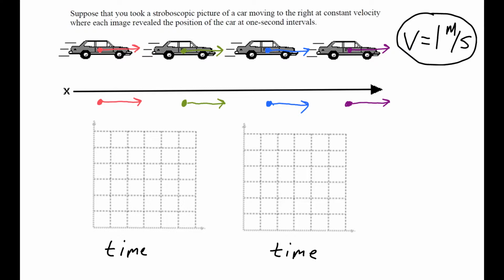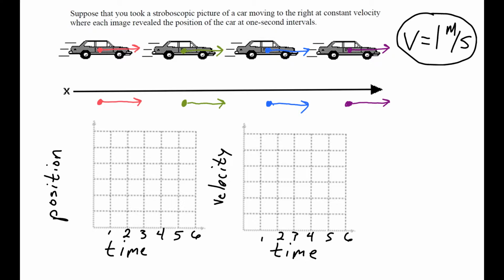And for both of these, we're just going to keep it as a 1-to-1 ratio, and we're going to say these are happening at 1 second intervals. And then the only thing that's going to be different between the two is the first graph is going to be for position, and the second graph is going to be for velocity.